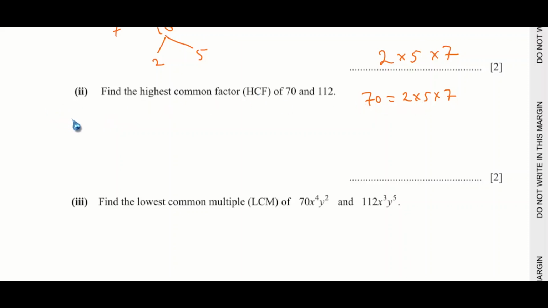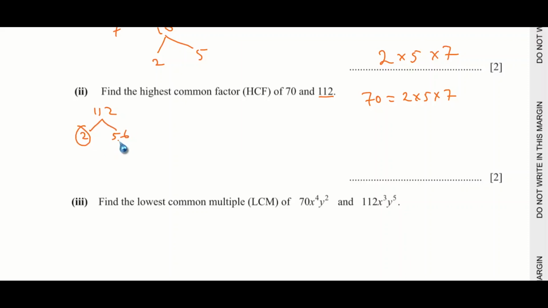Let's break 112 into 2. Since this is an even number, 2 can go: 2 times 56.